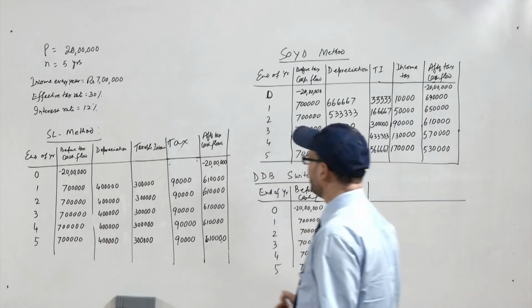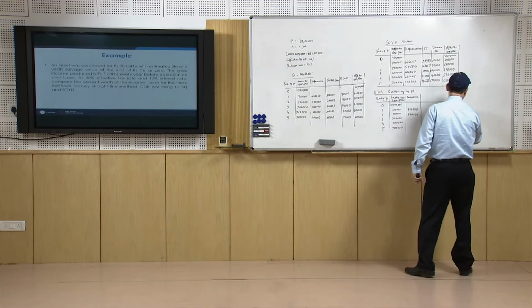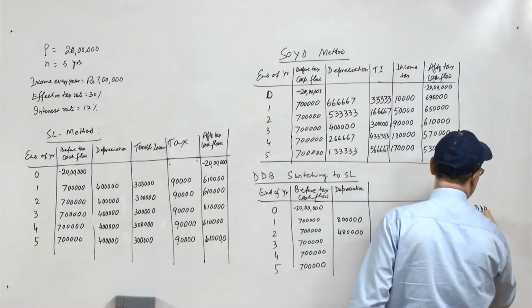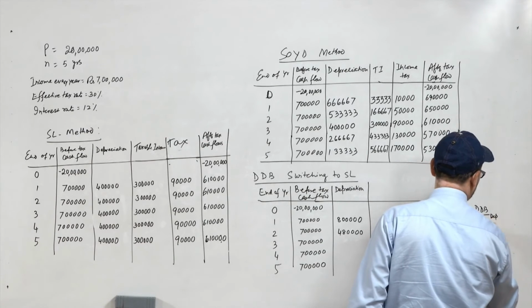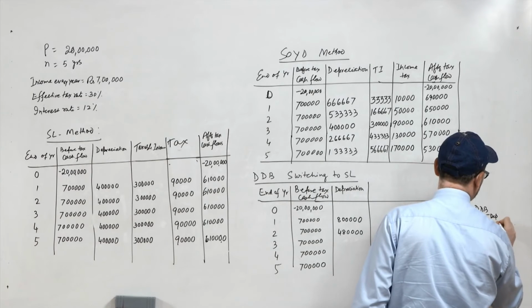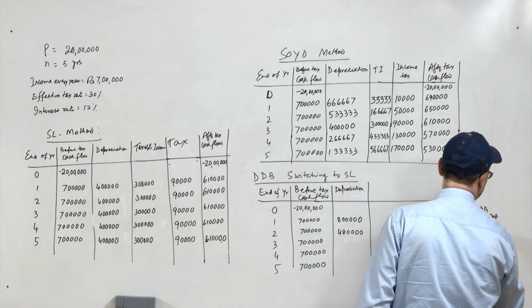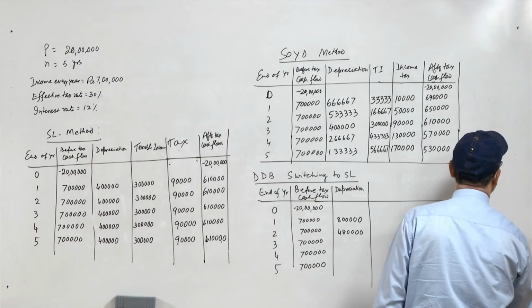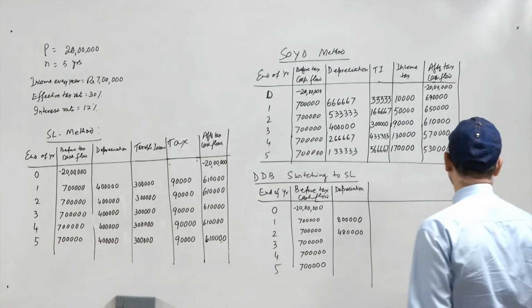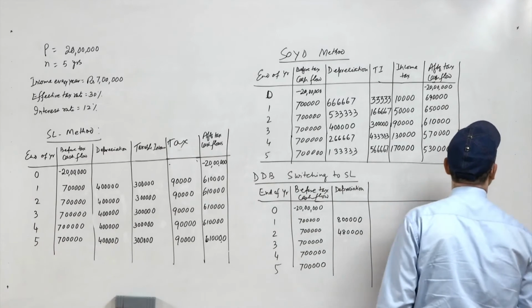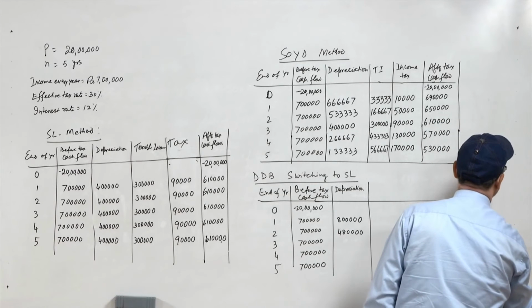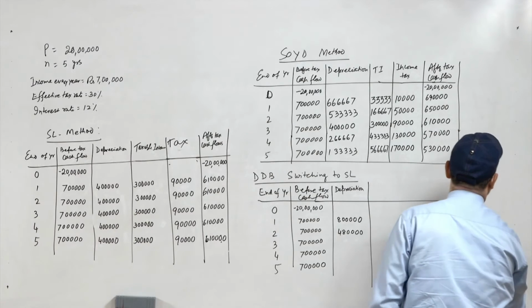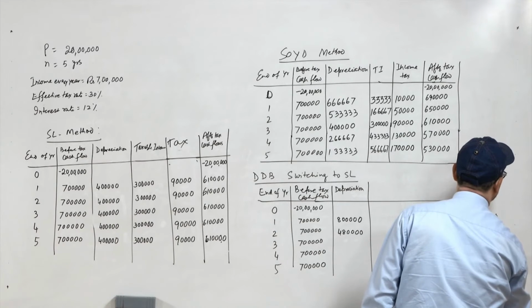Further, in the third year, if we take the DDB with switching, you have in the first year 40%, second year 24%, no switching, third year 14.4%, fourth year 10.8% and fifth year 10.8%.